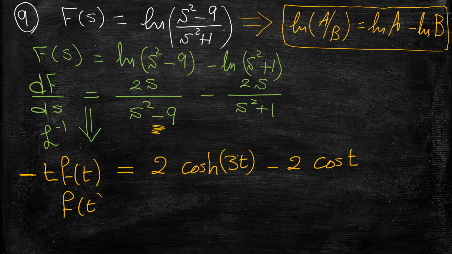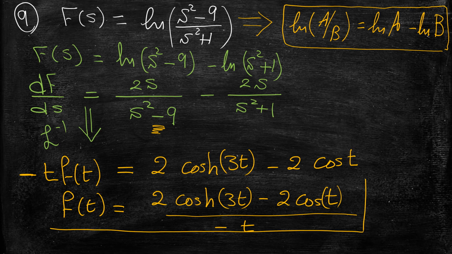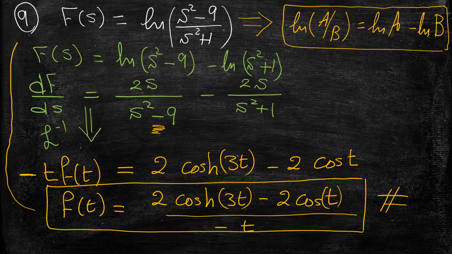So f of t will be 2 cosh 3t minus 2 cos t, multiplied by minus 1 over t. And this is our Laplace inverse of the given function. It means if we do the Laplace transform for this cosine minus cosine over t, we will end up with this ln function as we discussed here.